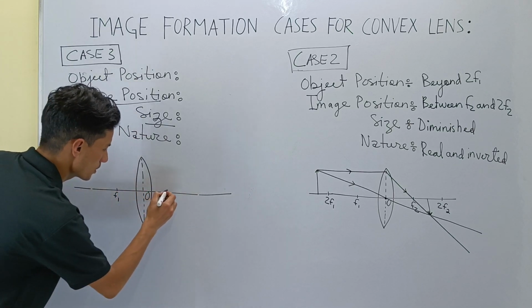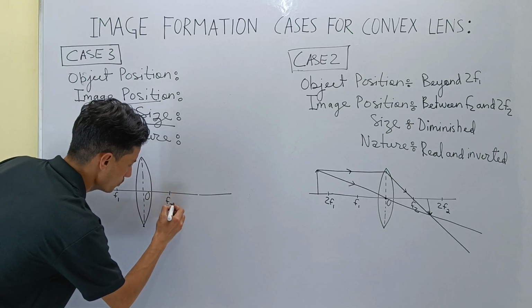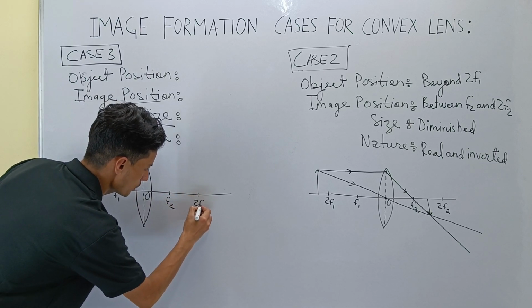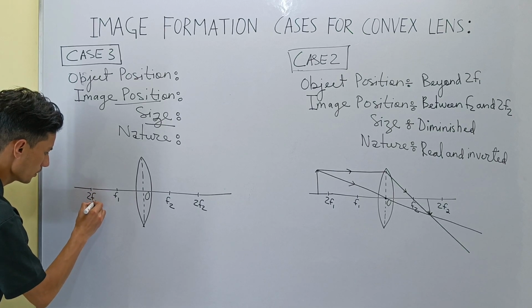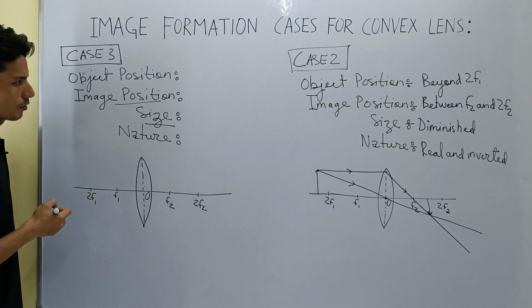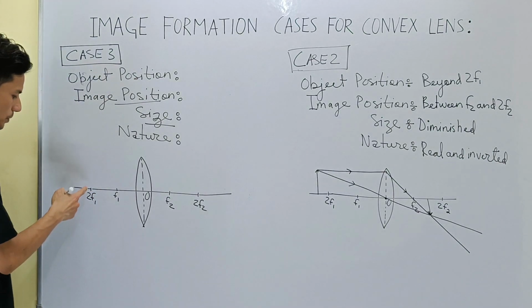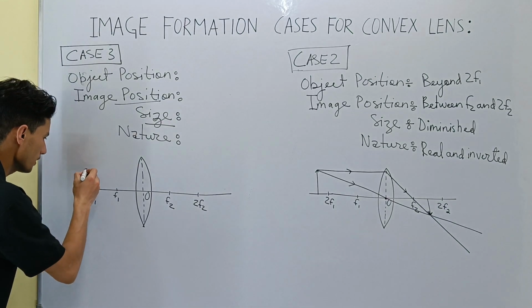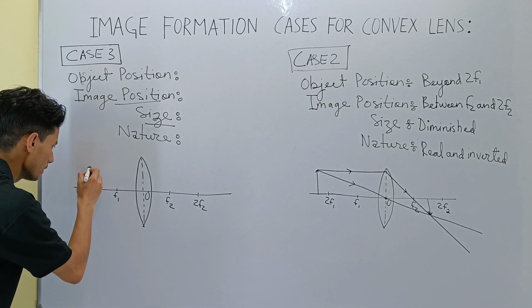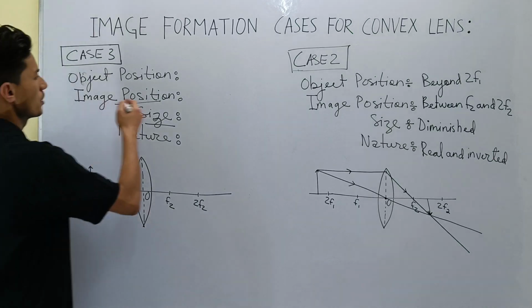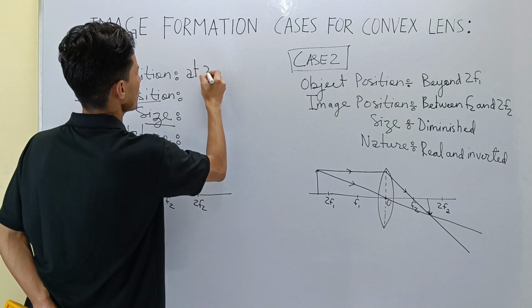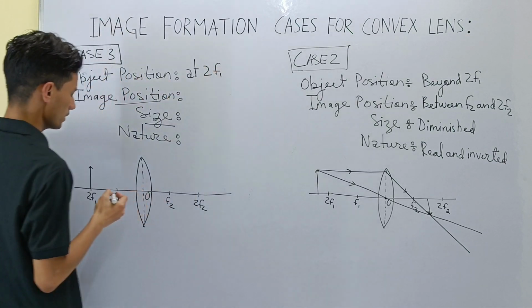So this is my f2 and this is 2f2 and this becomes 2f1. Now in case 3, the object will be at 2f1, so the object will stand at 2f1. Then let us draw the ray diagram. So object position at 2f1.